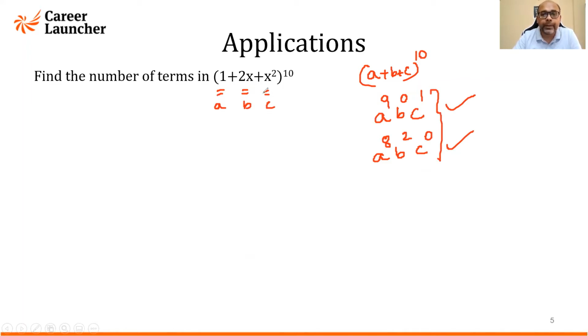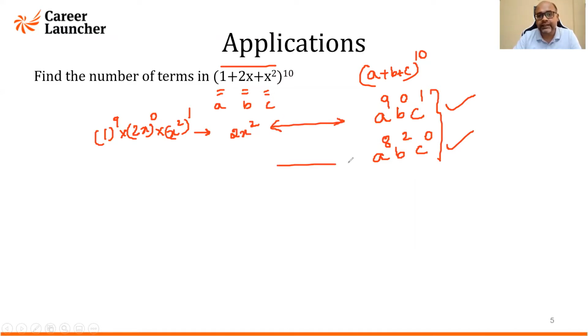Now look at what happens if I apply the same terms in this expansion. My a power 9 becomes 1 power 9. My b power 0 becomes 2x to the power of 0. And my c power 1 becomes x squared to the power of 1. What is the net effect of this? This is x squared.